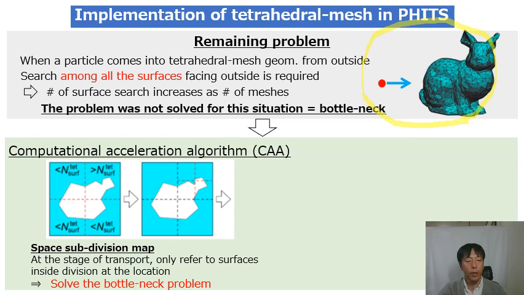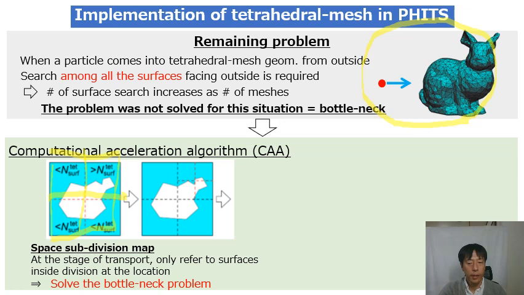First of all, we consider a box which can accommodate the tetrahedral mesh geometry inside, and divide the box in half for x, y, z directions, totally 8 regions, and count the number of outer surfaces in each region.